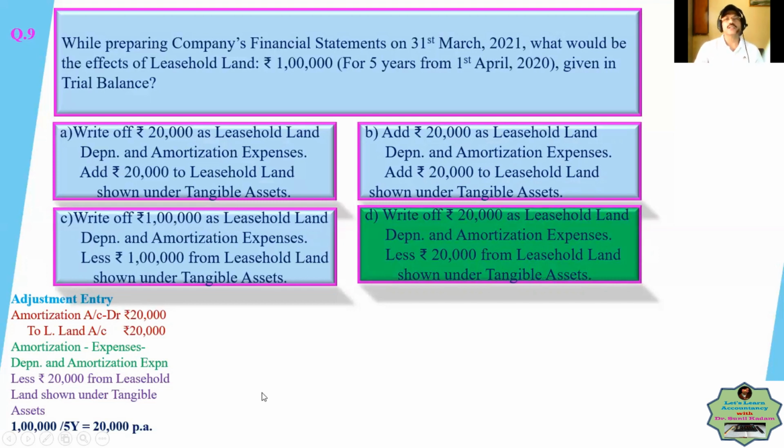The statement format on how to prepare it is given under Schedule 3 of the amended Companies Act, and according to that we have to take it into consideration. So the correct answer is this.